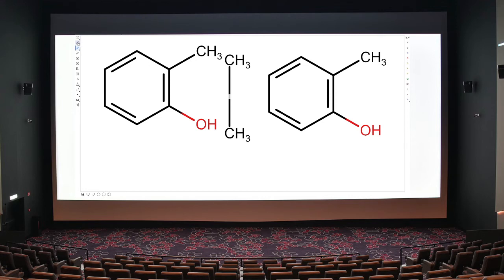So we'll remove this double bond here, make this a single bond, and put a double bond. Well, actually, let's remove all these double bonds. Perfect.